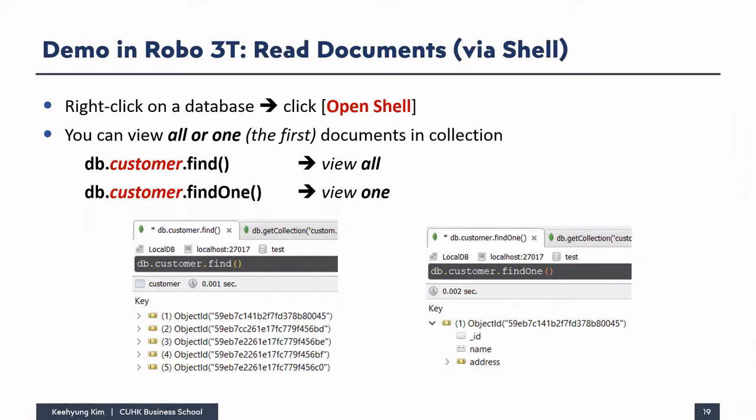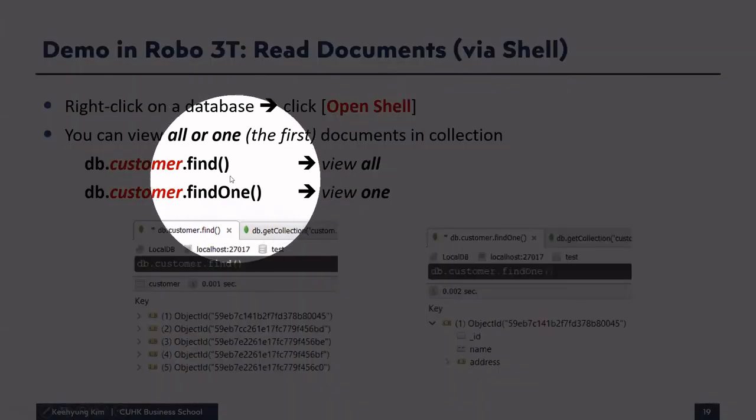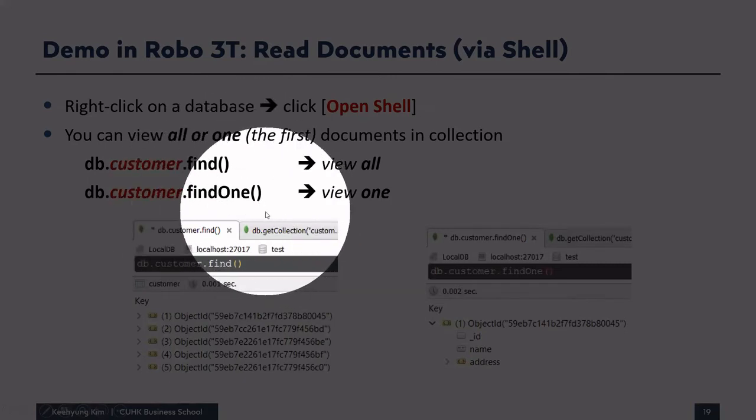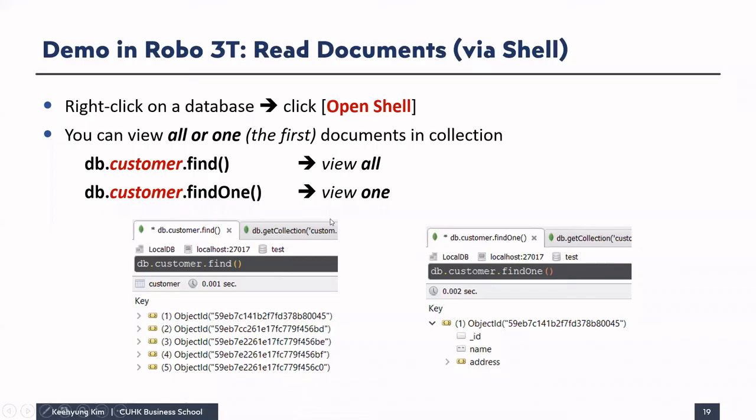In the real world, if you have a MongoDB, each collection will contain a lot of data, so you may just want to check what kind of data is stored in each collection. You can just use the find one function to see the first document to have an idea what each collection is about.